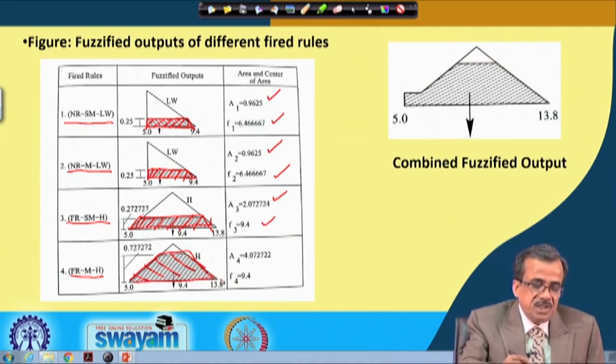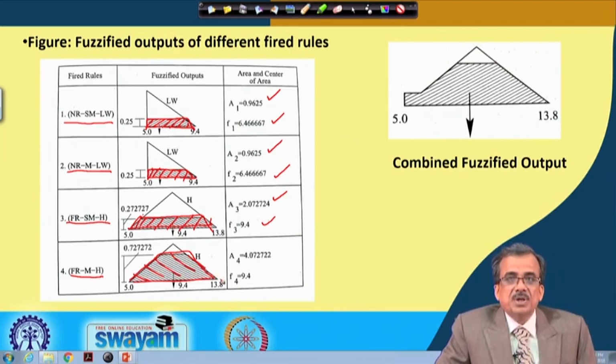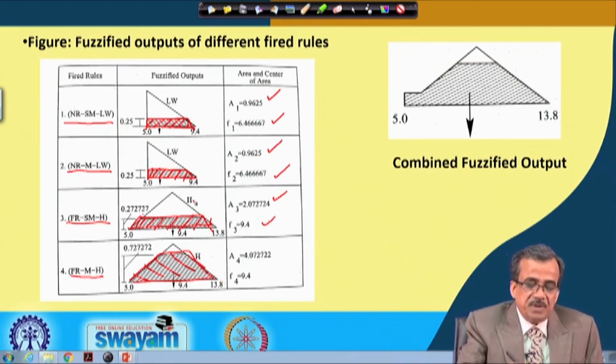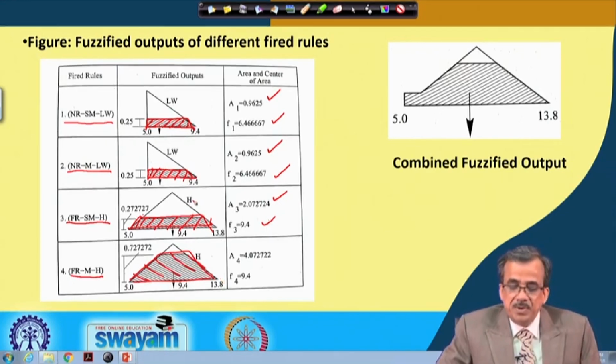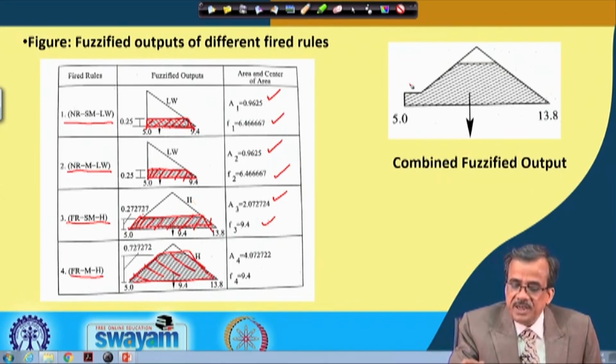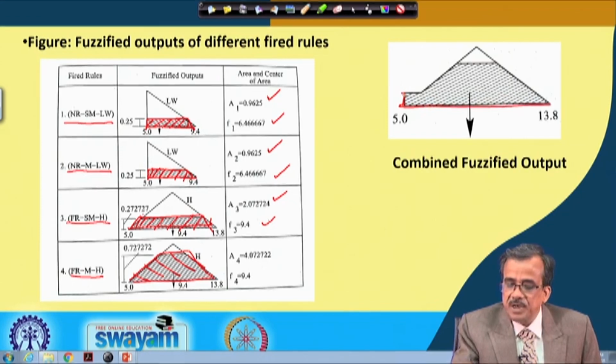And once you have got this fuzzified output, now we carry out the OR operation. So, we superimpose all such fuzzified outputs, and if you superimpose them, you will be getting this type of combined fuzzified output.